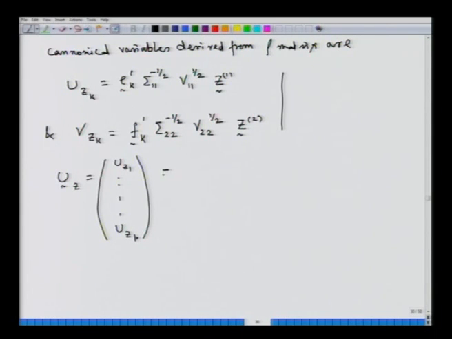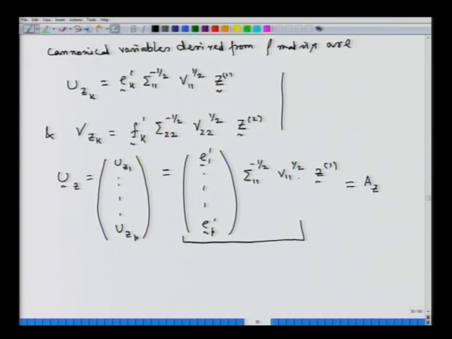In a similar way to what we had done for the canonical variables derived from the sigma matrix, we write this as E1 prime, E2 prime, up to Ep prime times sigma 11 to the power minus half times V11 to the power half times Z1. We denote this entire matrix by A_z, so this is A_z times the Z1 vector.